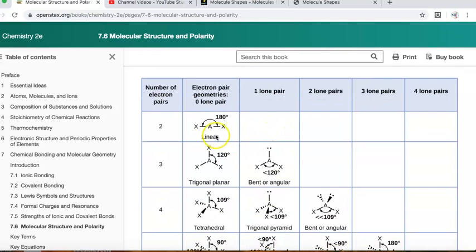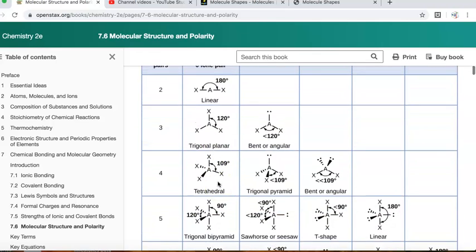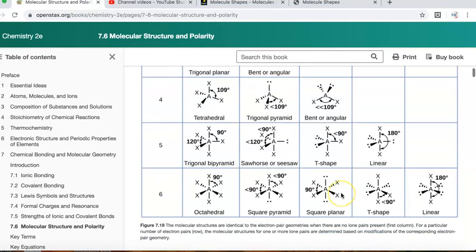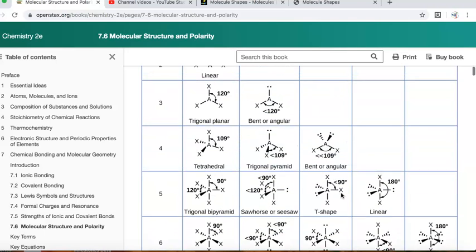So we'll look at the parent geometry, or the electron pair geometry, which we've already gone through once. We're going to go through that again, and then we're going to go through what happens when we replace one electron pair with one lone pair, or two lone pairs, or 3, and see how the shape changes based off the lone pair.